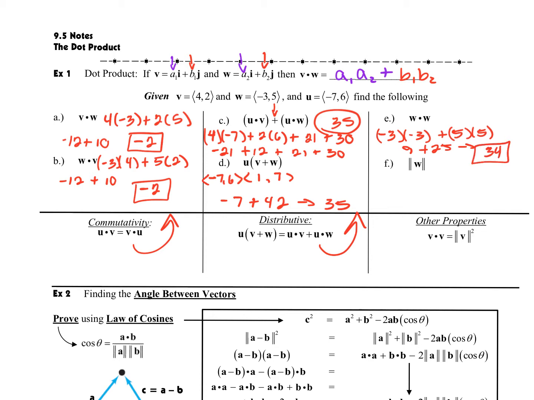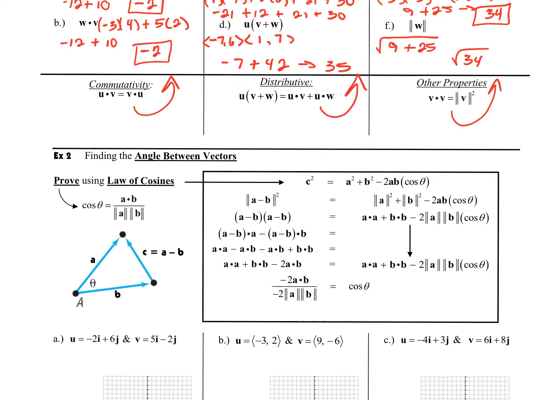Then what we want to look at is the magnitude of W, and the magnitude of W is, of course, the square root of 9 plus 25, and that's going to give us the square root of 34. So you'll notice that these are very, very similar. This is our last property, and what it wants to tell us is that if we take a vector and find the dot product of the vector with itself, that is going to be the same as the magnitude squared. That's all that property is telling us.